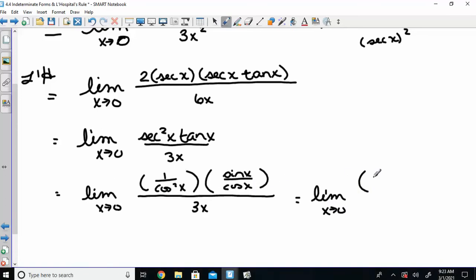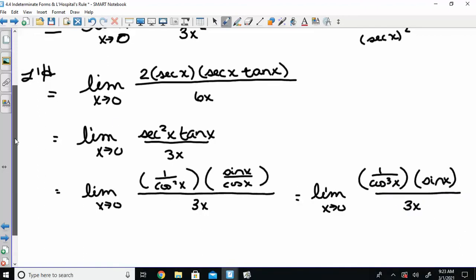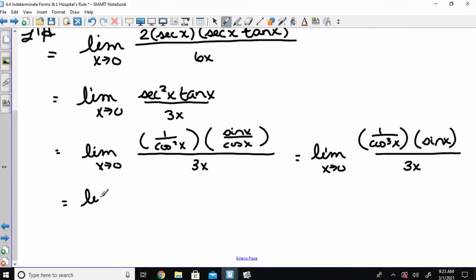But you could rewrite this as like 1 over cosine cubed, that's secant cubed. I am just going to put the 3 with this and the x over here, kind of pulling this away. Alright, this is an old trick.